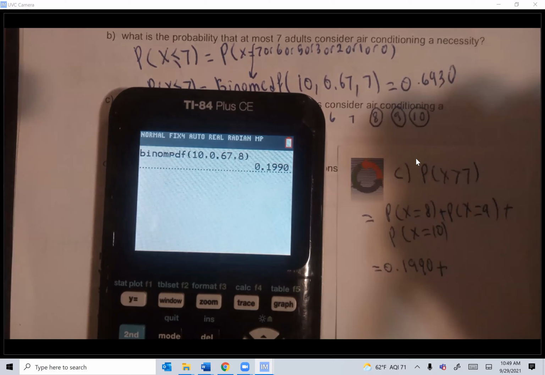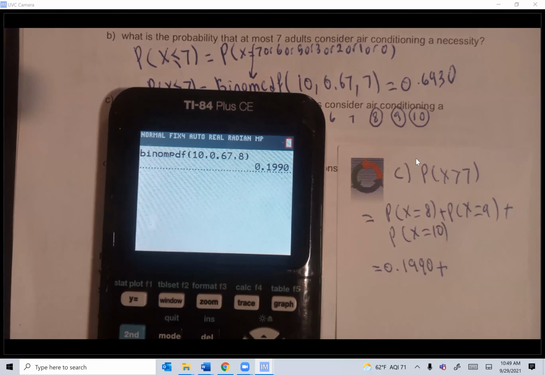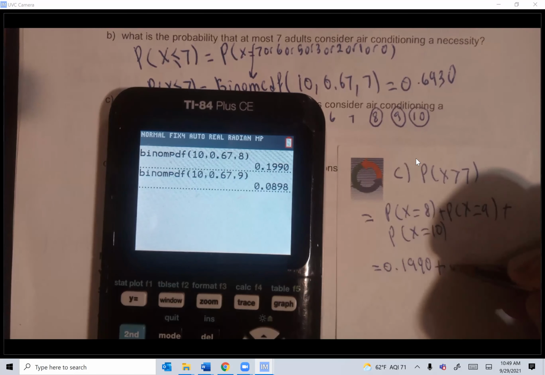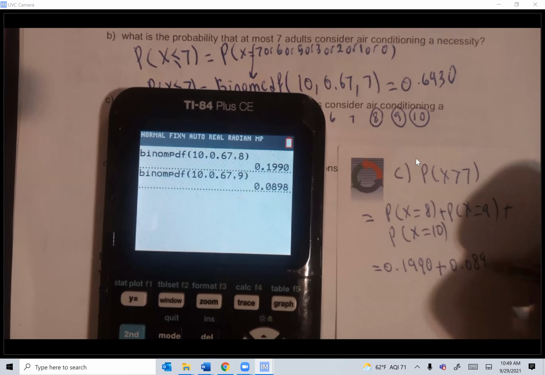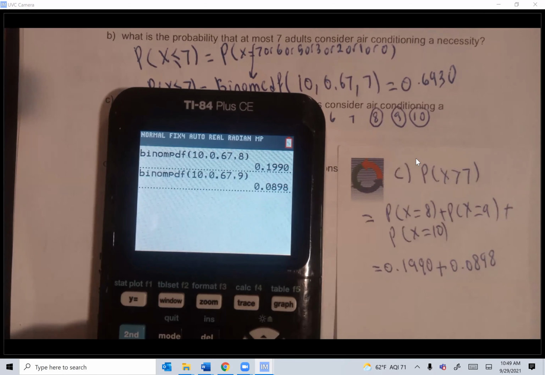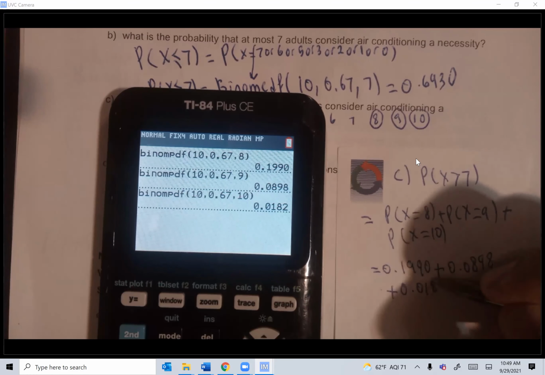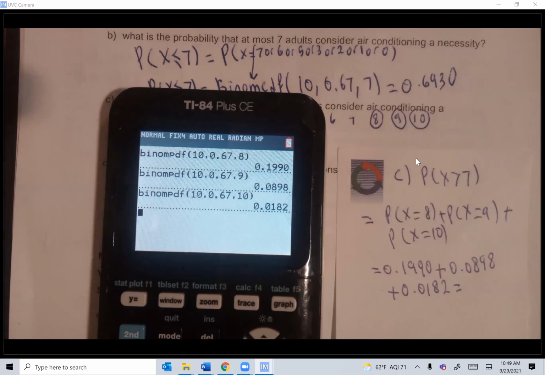Let's do the other one. And now I'm going to change it to 9. 0.0898. And then we're going to change it to 10. Plus 0.0182. And just add them up. That's one way to do it.